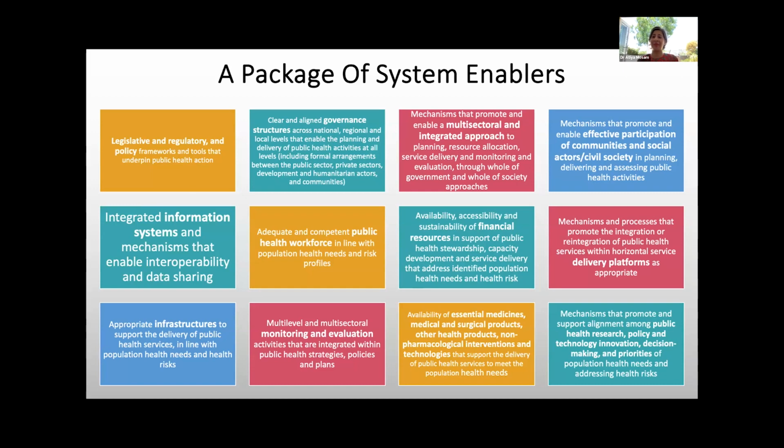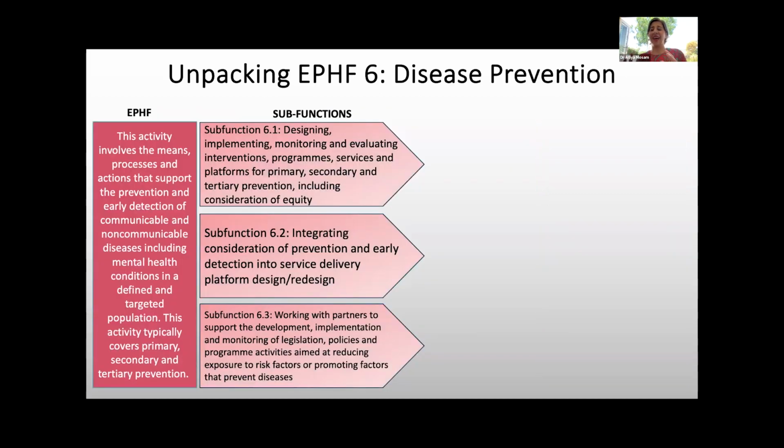I'm going to show you exactly practically how this articulates together. So if we take EPHF 6, which is the EPHF around disease prevention, you can see on the left-hand side the description of this states that this activity involves the means, processes, and actions that support the prevention and early detection of communicable and non-communicable diseases, including mental health, in defined and targeted populations, and it typically involves primary, secondary, and tertiary prevention.